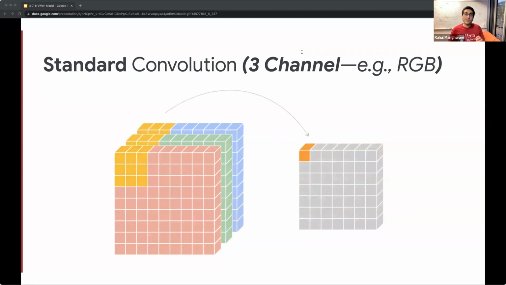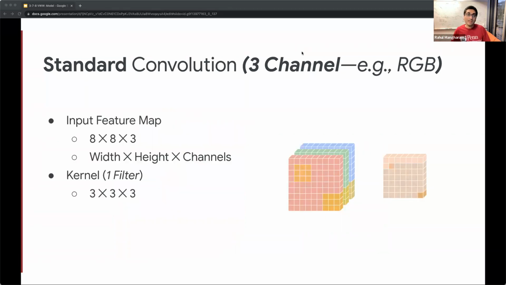To be more specific, the input feature map is 8 in width and 8 in height, with 3 channels. The kernel running over it is a 3x3x3 kernel, the yellow kernel we are looking at. The output is the single orange dot that we are seeing.